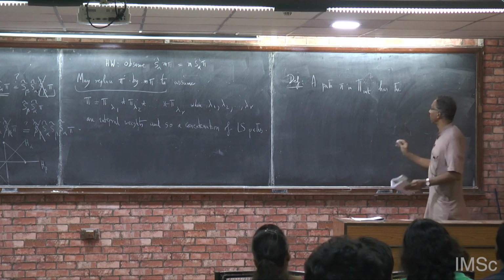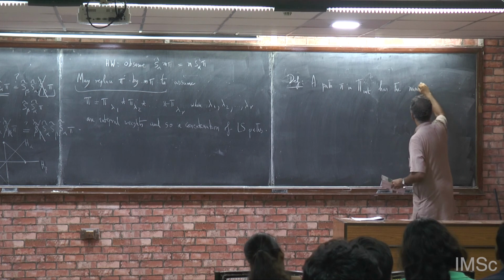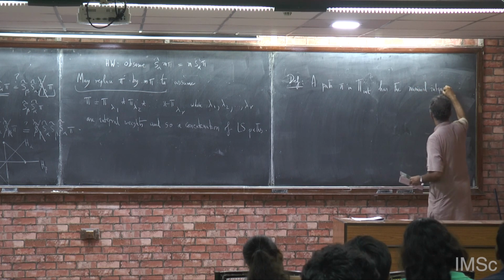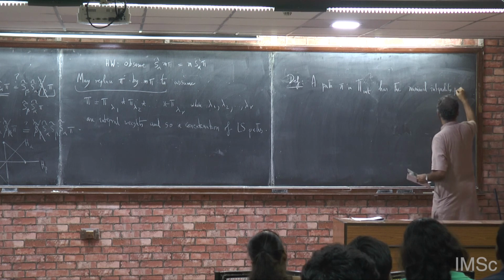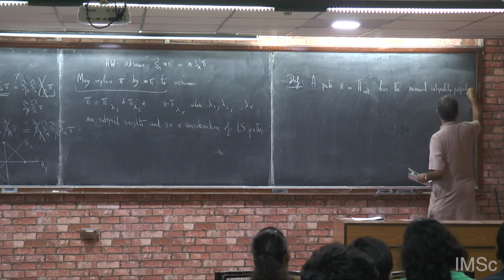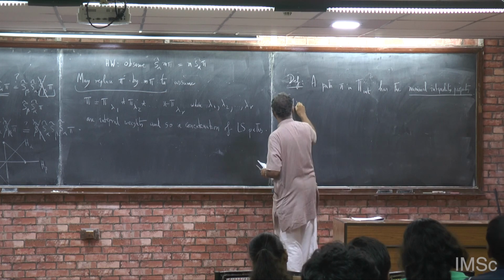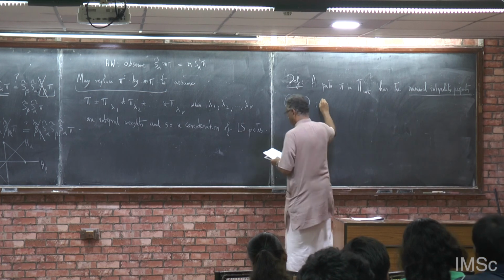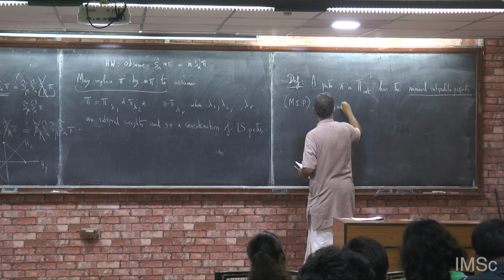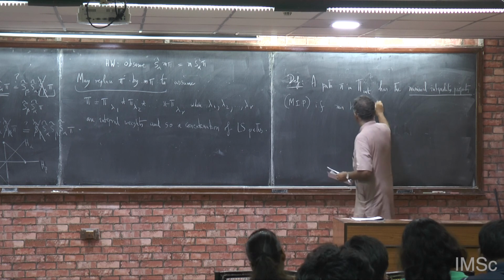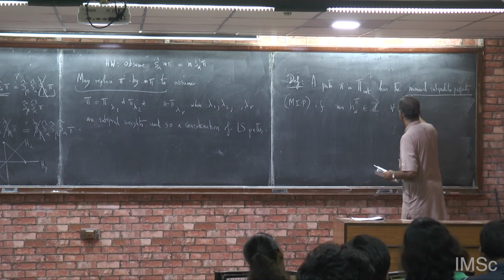Not a very good name, I am afraid, but just to distinguish. So, minimal integrality property, let's shorten it to MIP, if minimum H pi alpha is an integer for every simple alpha.